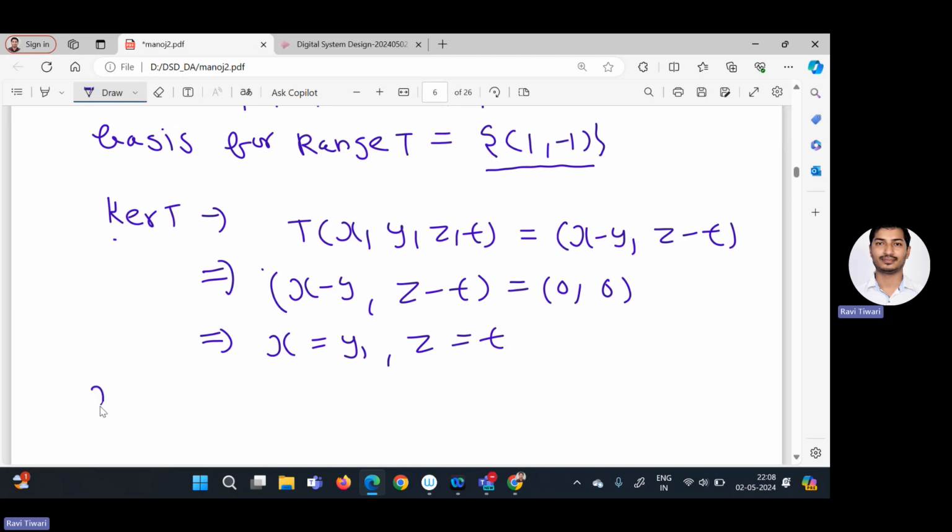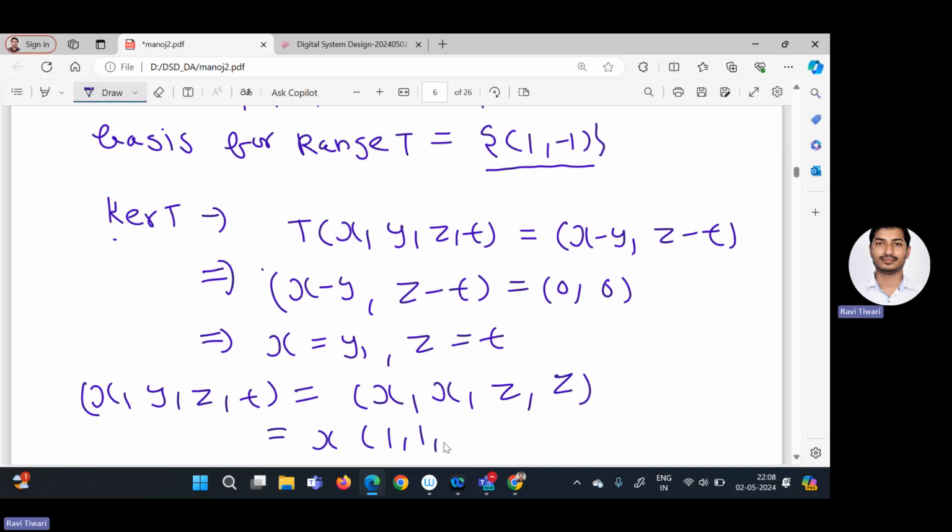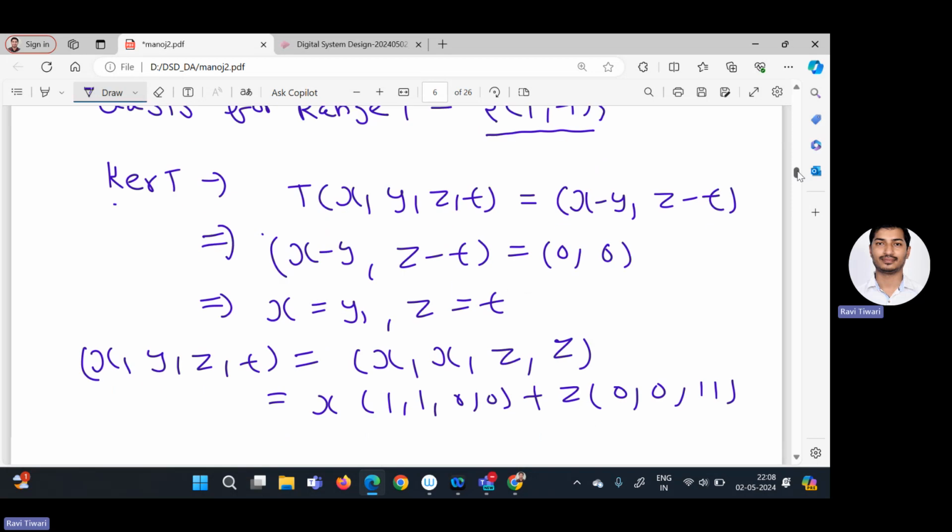This (x, y, z, t) was a random vector of R power 4. Because x equals y, we can write x and y as x, and z and t as z. Now taking x common, you get (1, 1, 0, 0), plus taking z common, (0, 0, 1, 1). These two are the basis for the kernel of the linear transformation.